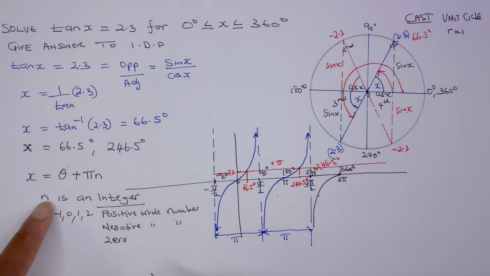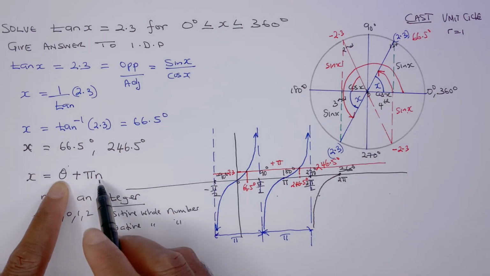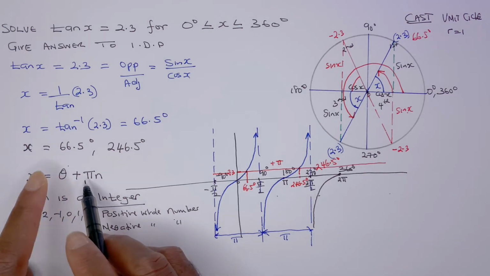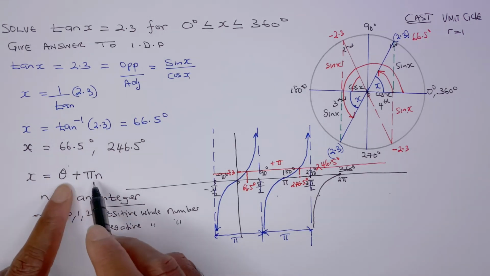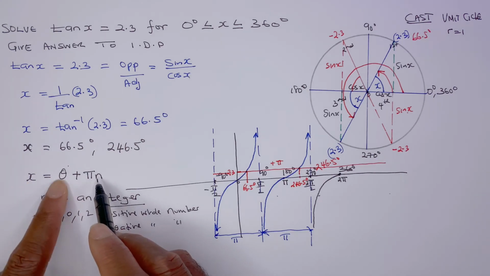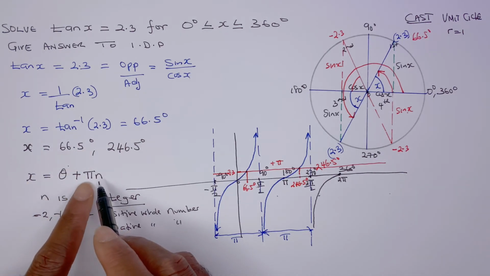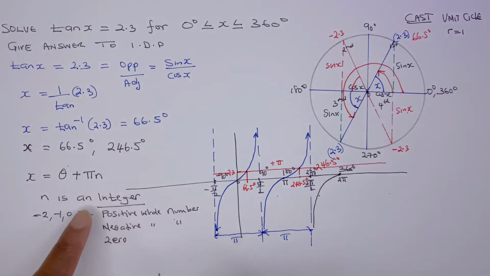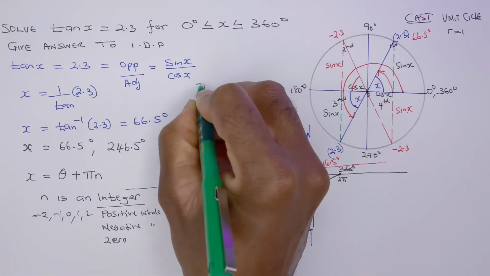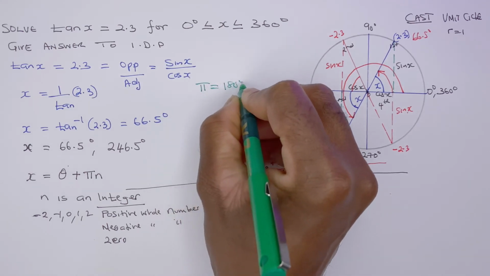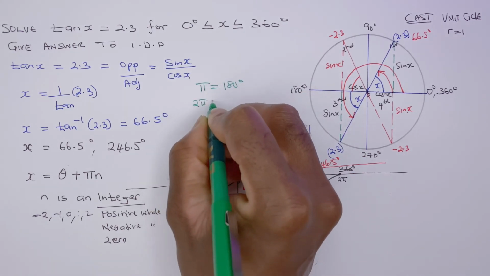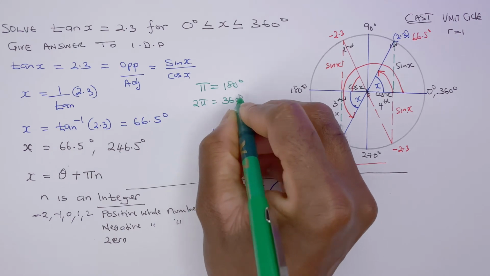So you could use n as an integer to find the value. When n is 0, you just get 66.5. When n is 1, you get 66.5 plus 180, because pi is 180 degrees. So just to remind us, pi equals 180 degrees, and 2 pi equals 360 degrees.